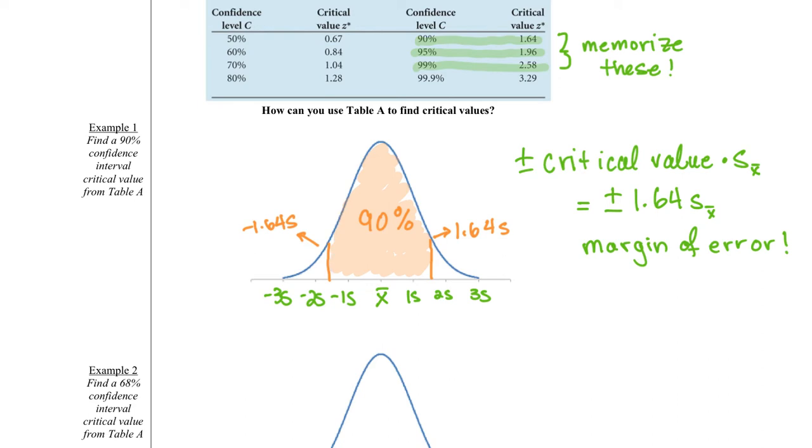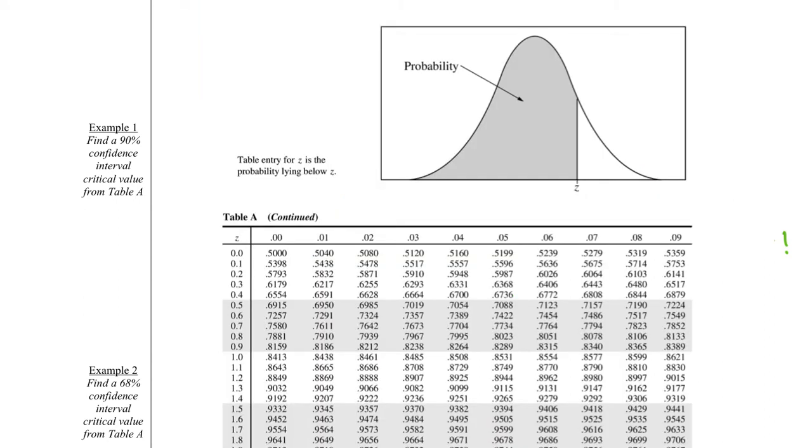So let's go back to the main question: how do we use table A here? Well, table A does not help us directly with this confidence interval, unfortunately, because it only shows the lower tail of our distribution. It doesn't show the inside portion, so we don't cut off the tail that we don't want.